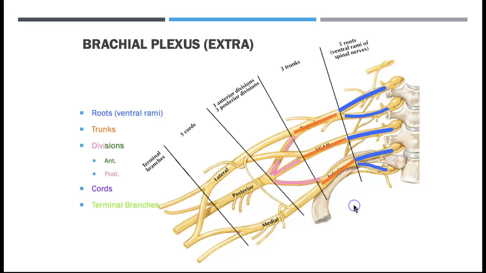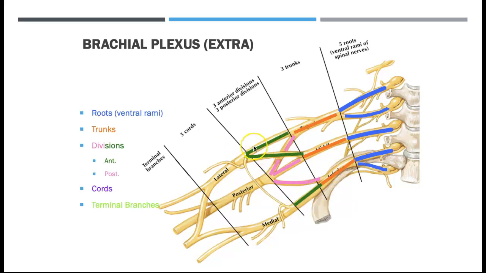From there, we are going to have all of our posterior divisions of each of those trunks come together to create our posterior cord. We will have the anterior division from the superior trunk and middle trunk come together. And lastly, the anterior division from the inferior trunk will go off on its own.